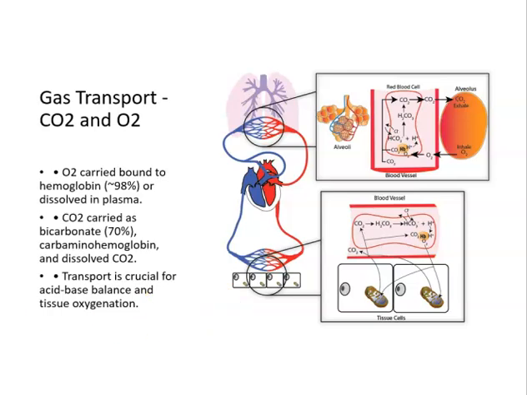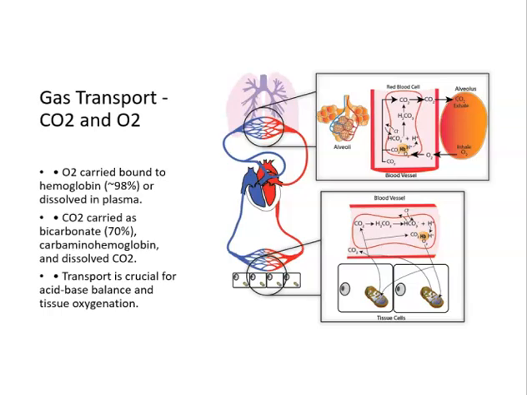And then a little bit on CO2 and O2 transport within the blood. CO2 is transported in the blood in three forms. You have dissolved in plasma, bound to hemoglobin as carbaminohemoglobin, and most importantly is bicarbonate via the carbonic anhydrase reaction.